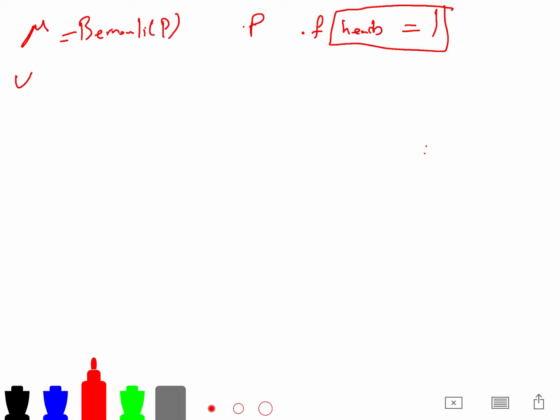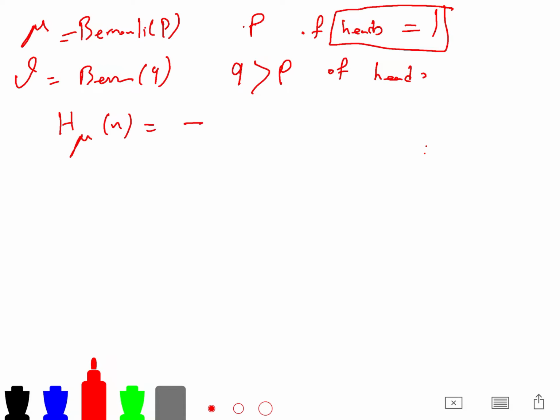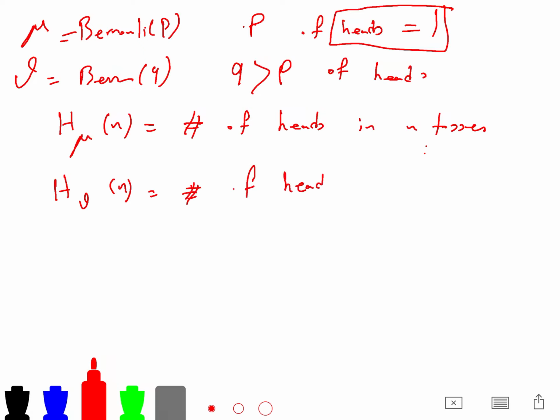So if nu is Bernoulli of q with probability q greater than p, then we can define H mu of n to be the number of heads in n tosses, and H nu of n is the number of heads in n tosses.